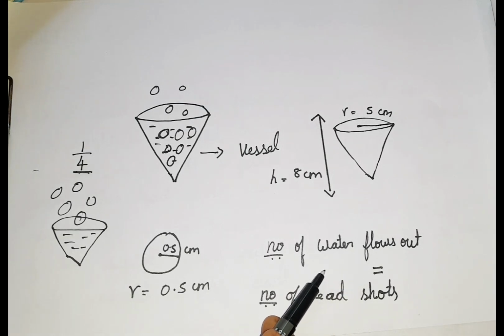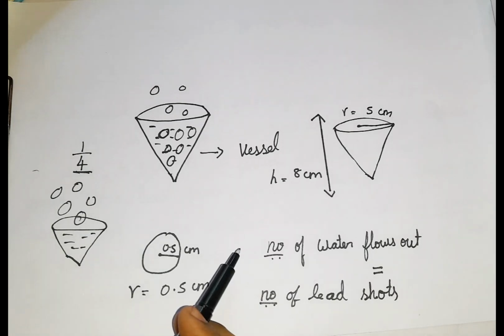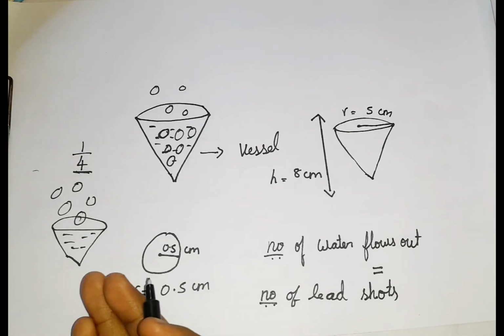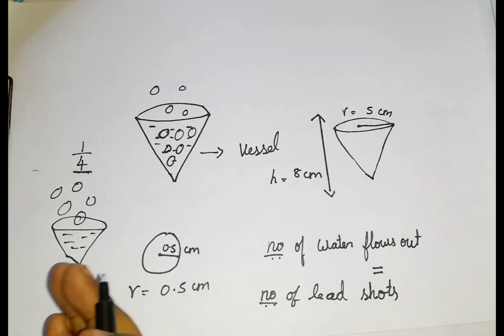If I put 5 lead shots, a lot of water will flow out, am I right? If I throw 1 or 2 lead shots, then some amount of water will flow out. So however many lead shots I throw, that much water will come out.